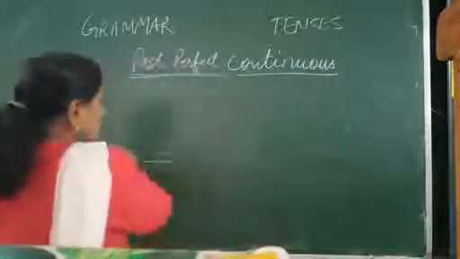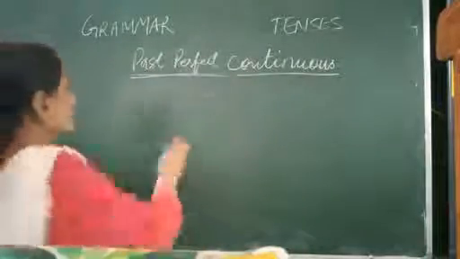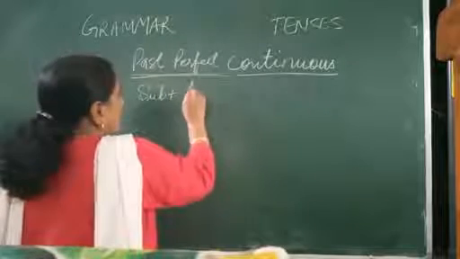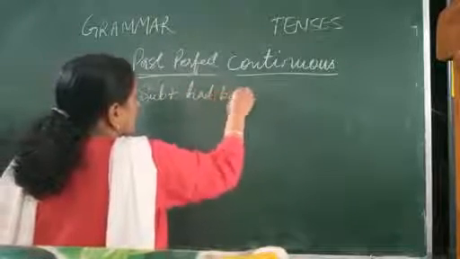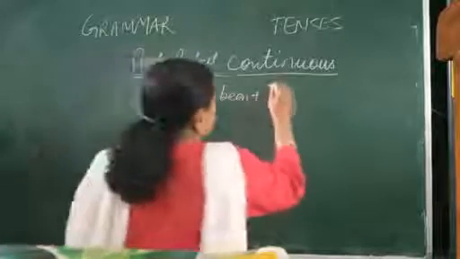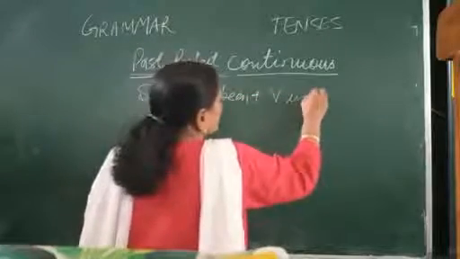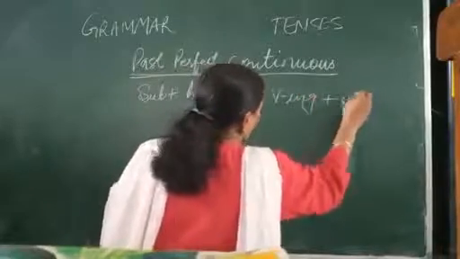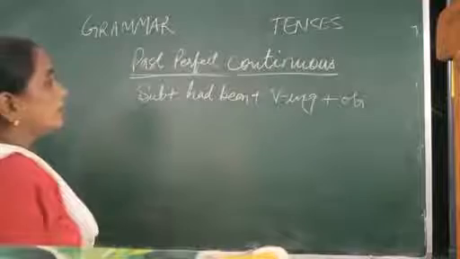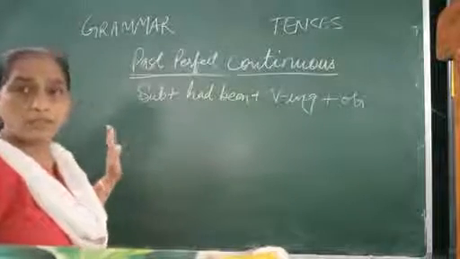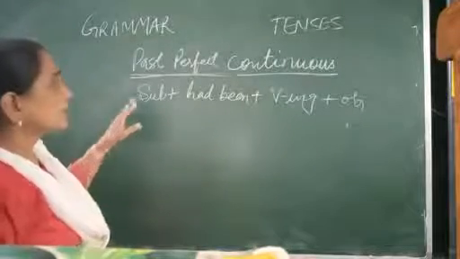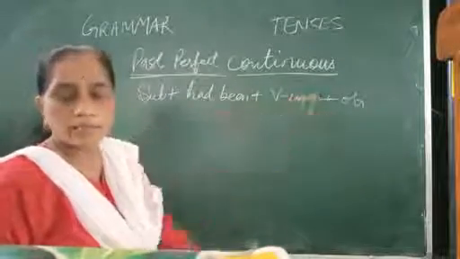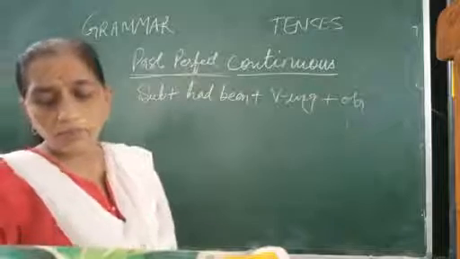So the structure is subject plus had been plus ing form of the word plus rest part of the sentence. Okay? Remember this, the next part here should be past simple, otherwise it will be incorrect.